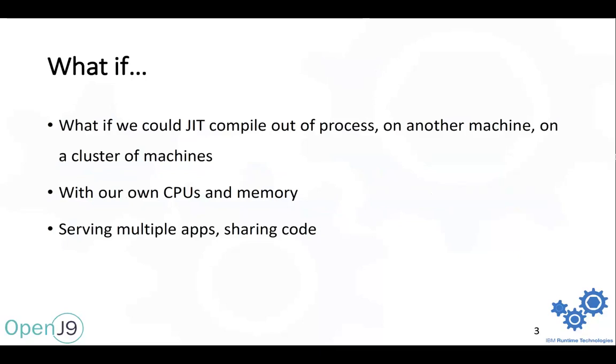It doesn't have to know if the method was compiled for it specifically or for another application maybe 5 minutes ago or 5 hours ago. That's essentially the idea here, to be able to separate the two and to be able to do more intelligent things with the compiler once they're separated.